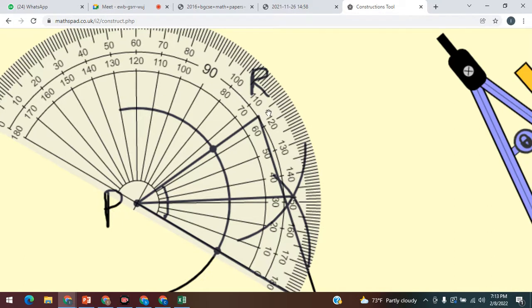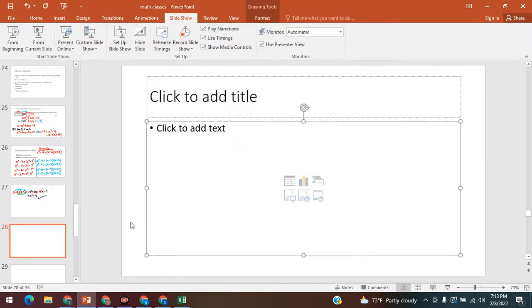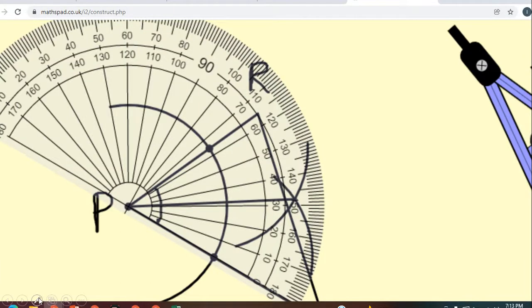Let me print screen this so you can see what's happening. The measure of angle P is this, the one that I'm encircling in red. If you look carefully, that's about 65.